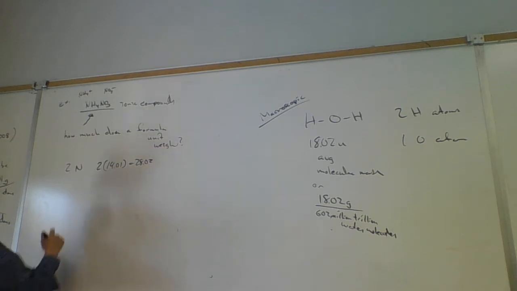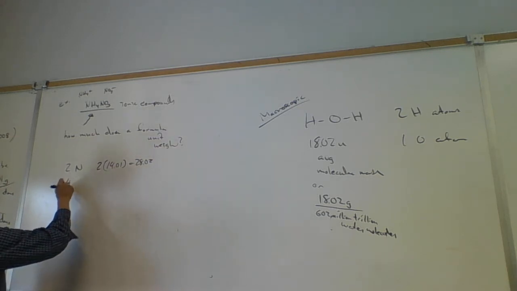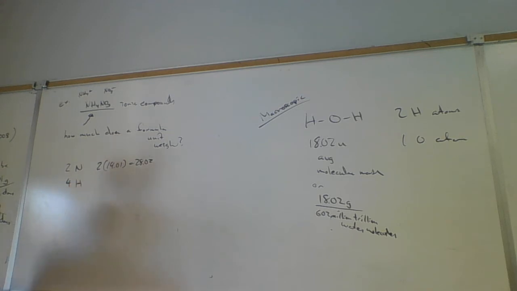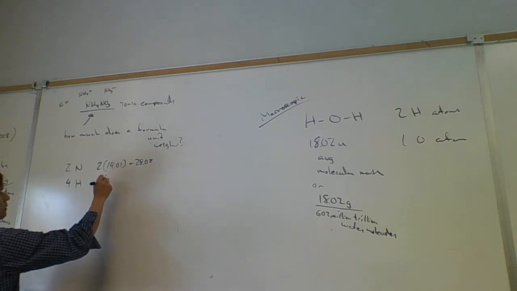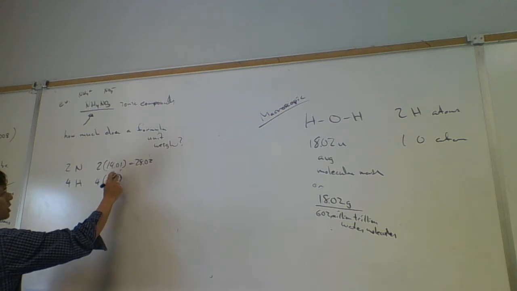That's 2 nitrogens. How many hydrogens do I have? 4 hydrogen. Should I use the 1.008 or the 1.01? I'm going to use the 1.01 because it's still going to give me 4 sig figs at the end because of the addition subtraction rules.